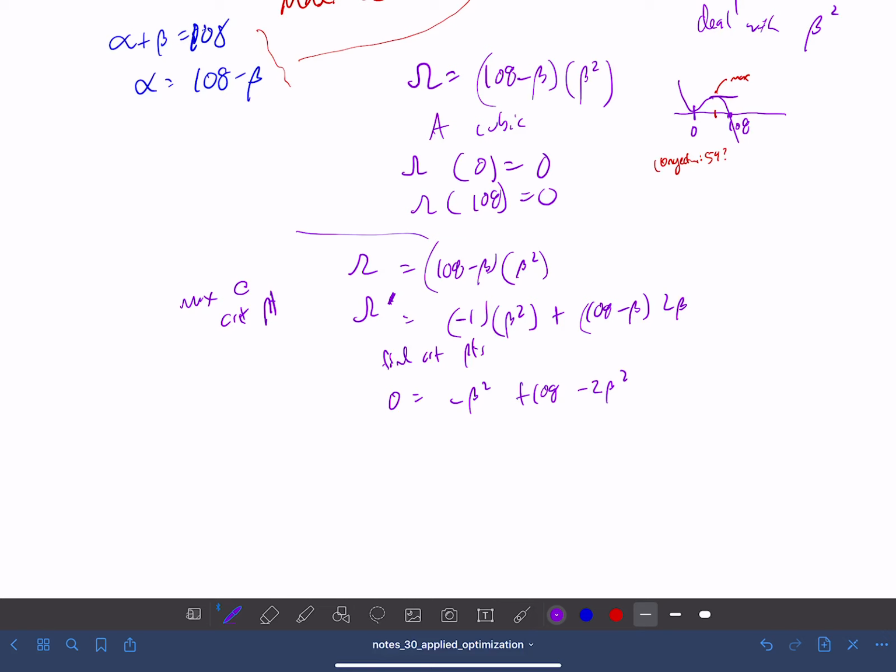Anyways, 0 equals minus 3 beta squared plus 108. 108 equals 3 beta squared. 108 divided by 3. Oh my god, what is 108 divided by 3?